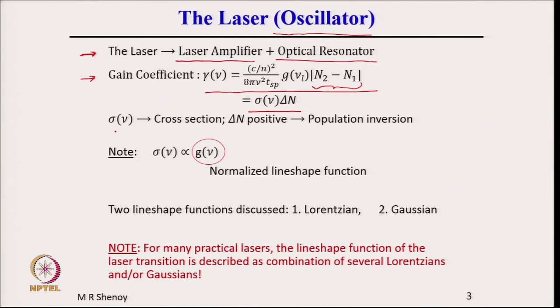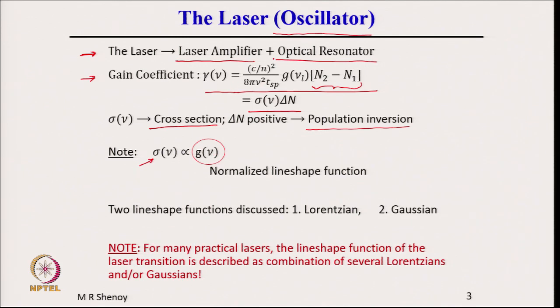Sigma is known as the cross section for the interaction, and delta n positive implies there is population inversion. Delta n positive means n2 is greater than n1, and that corresponds to population inversion, which is necessary to obtain the gain. And note that sigma of nu is proportional to G of nu.